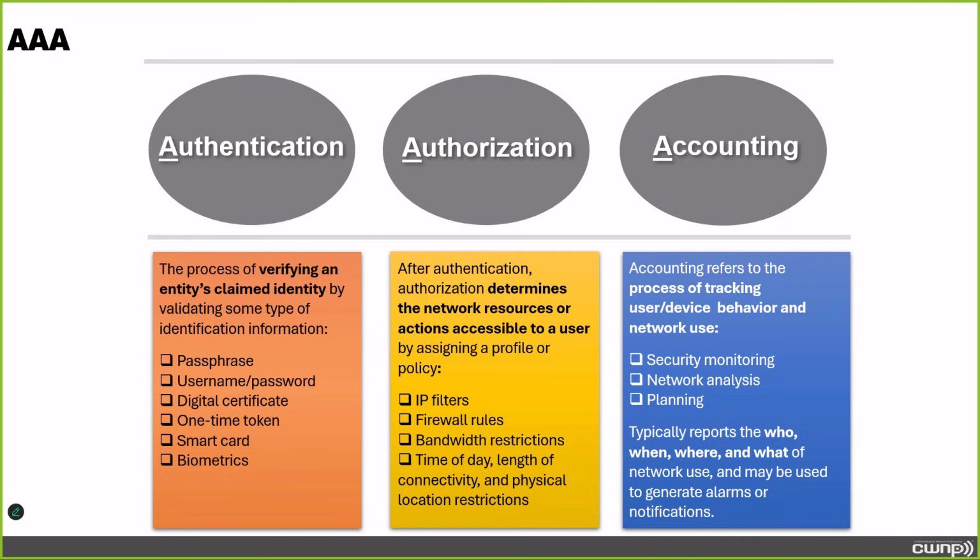You're not proving any real identity per se, but you could say that the identity is an entity that has the password and should be allowed on the network. Okay, so we're authenticating that conceptual identity in that case, not an actual identity.